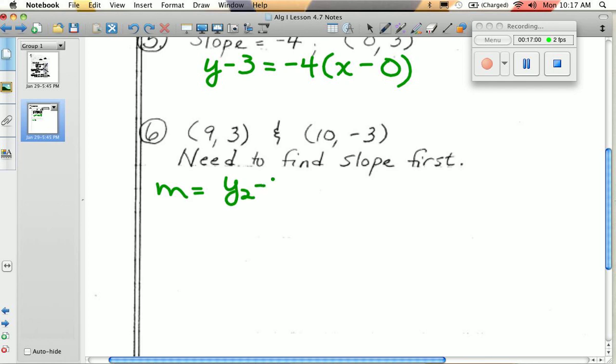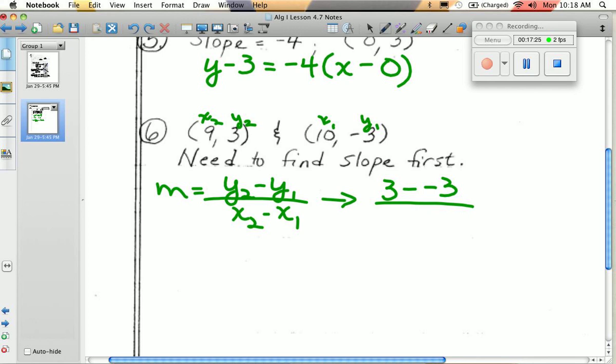And I want you shortcutters to quit shortcutting. You have to substitute into the slope formula. So I'm going to make this my x sub 2, y sub 2, and this my x sub 1, y sub 1, just for the slope purposes. So I'm going to have 3 take away negative 3, and 9 take away 10.